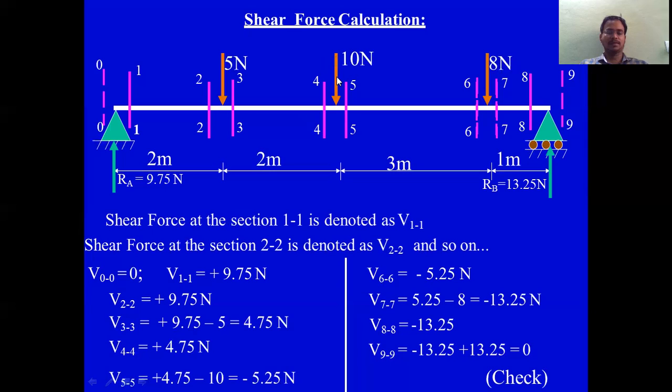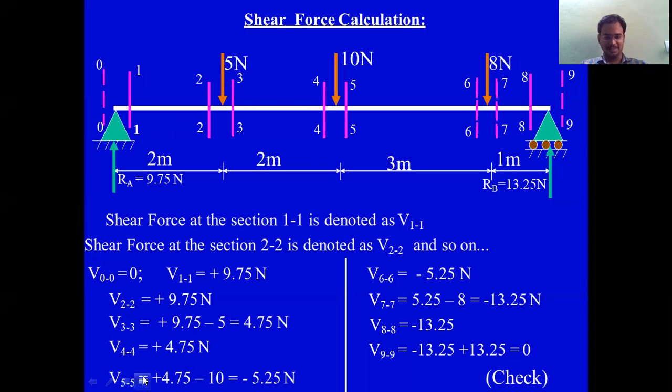V55 is 4.75 minus 10. Anyhow, it is a summation only.